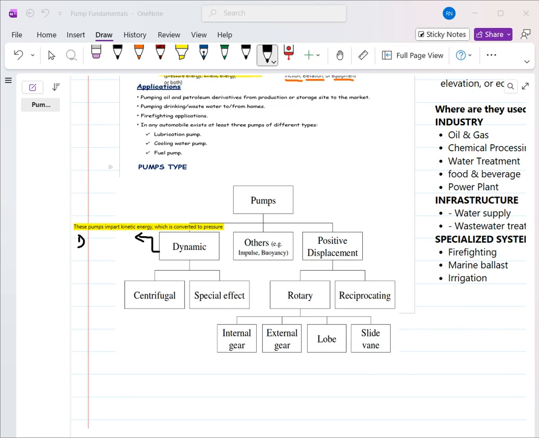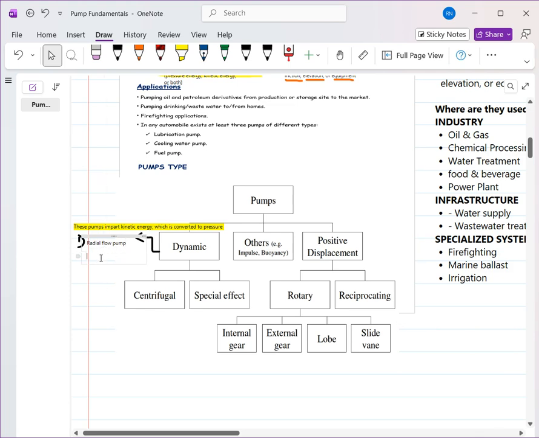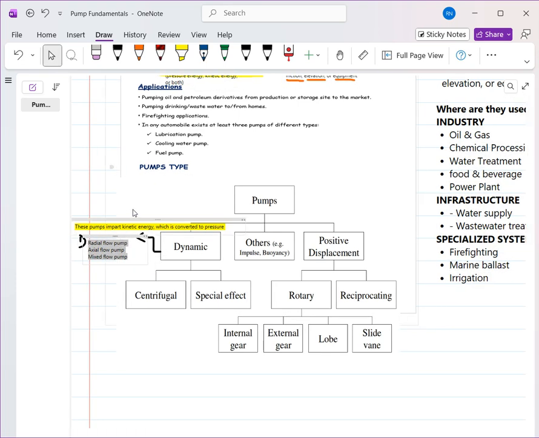The second one is the axial flow pump, and the third one is the mixed flow pump, right? These pumps are the dynamic pumps.